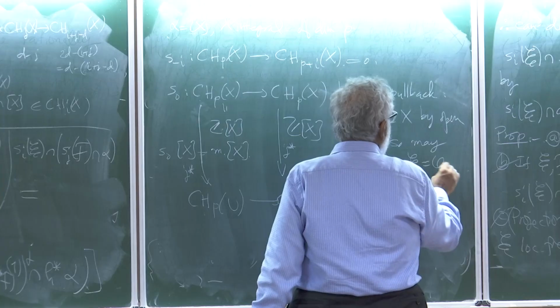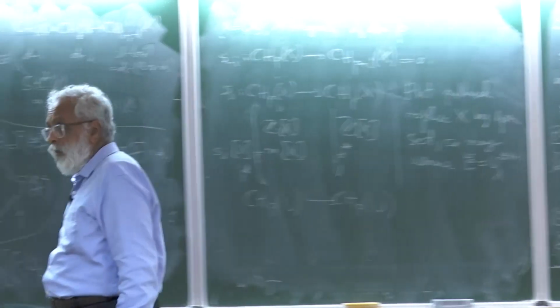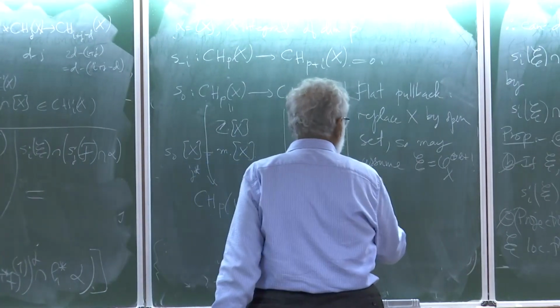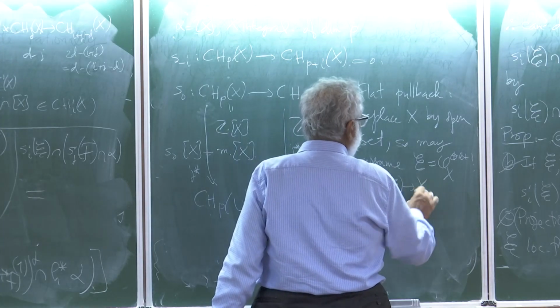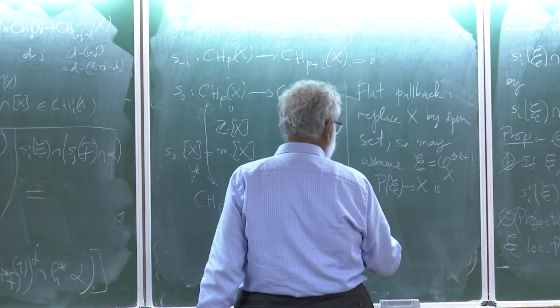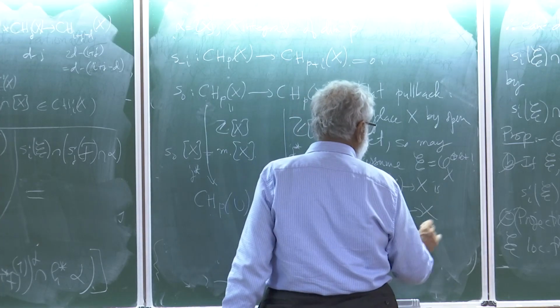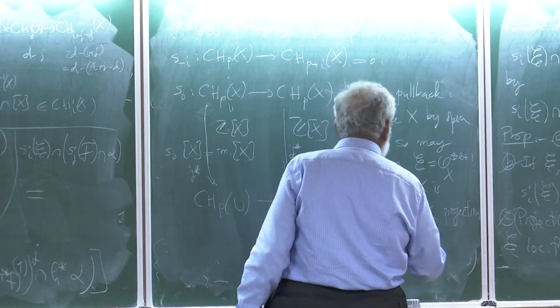So we may assume E is just O_X to the e plus 1. It's the trivial bundle. So I might as well assume that this space P(E), with P(E) to X, is just X cross projective e-space, with the projection to X. And I want to check it in this case.